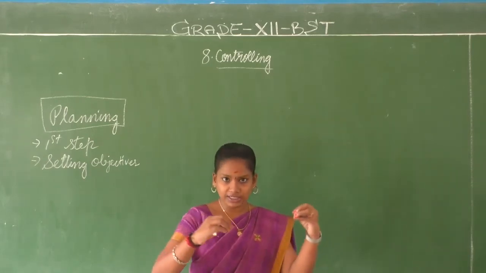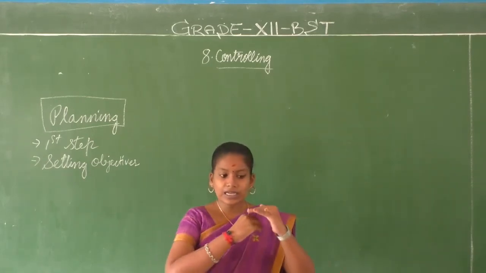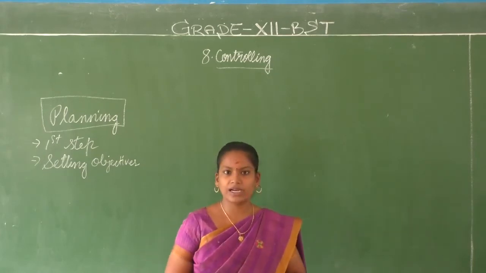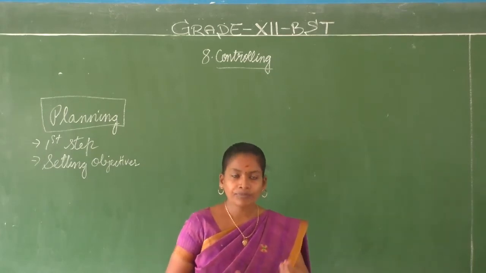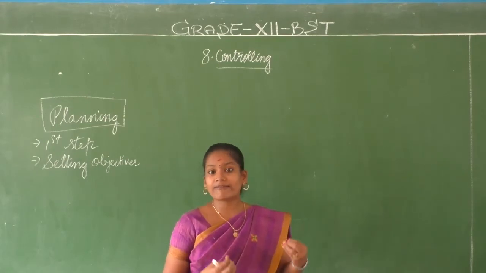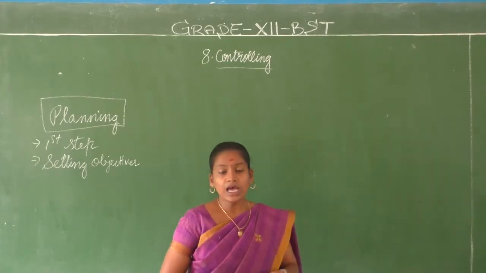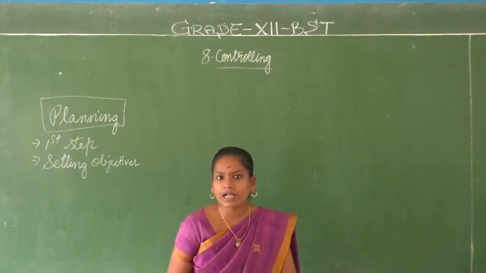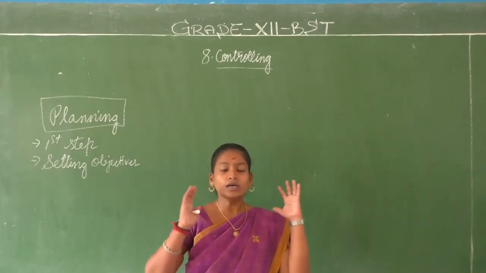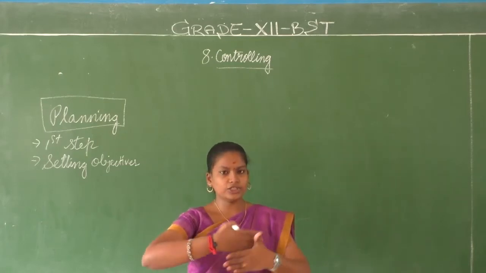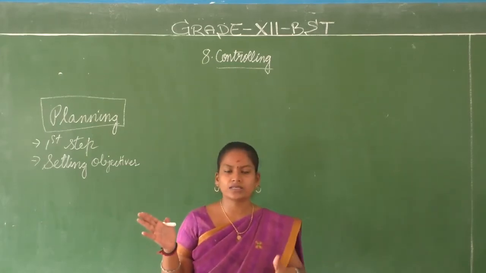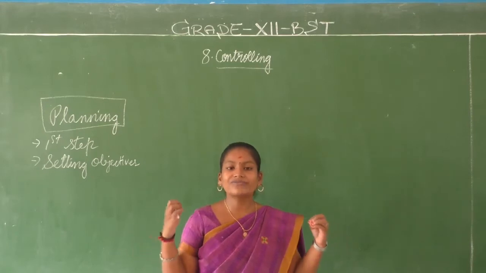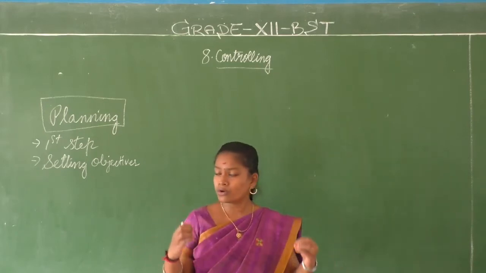The assumptions about what kind of steps we will take to attain the objectives are called developing premises. Then identifying various alternative courses of action. There are various paths to reach a particular destination, so we discuss the various alternative courses of action.